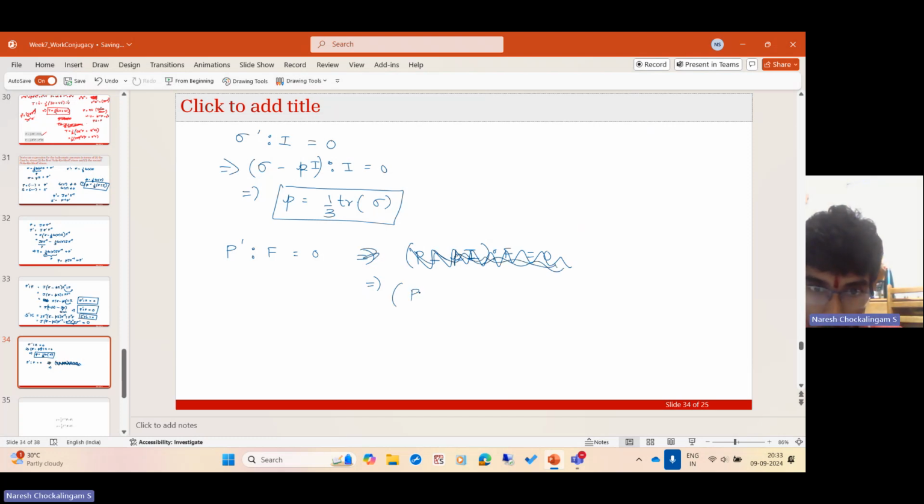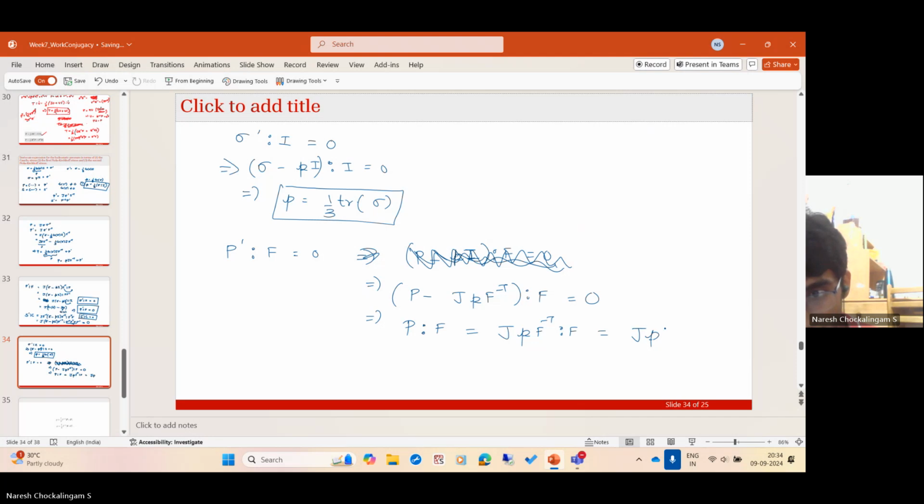So it is P minus J P F inverse transpose double dot with F is equal to 0, which means P contracted with F is equal to J P F inverse transpose contracted with F, which is nothing but J P I contracted with I. Therefore, it is 3JP.